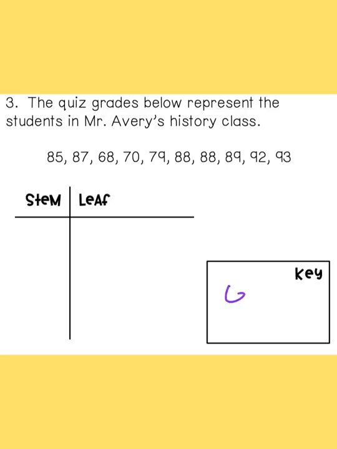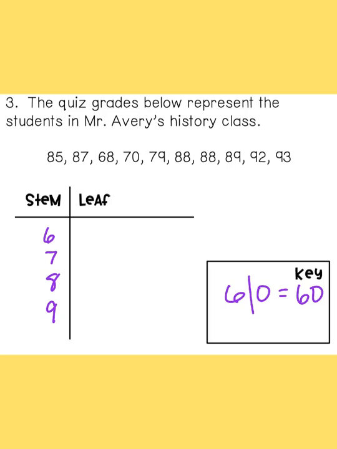So if I said 6 with a line and then a 0, that's going to represent 60. That doesn't mean I have to have that actual data point. It's just to let you know what the 6 is worth. So I'm going to have the stem of a 6, 7, 8, and 9. Even if I had nothing in the 70s, I still have to put a 7 there. Now there is something in the 70s.